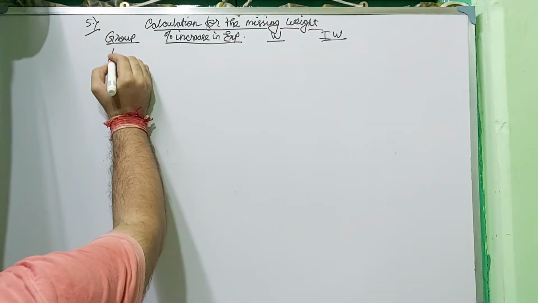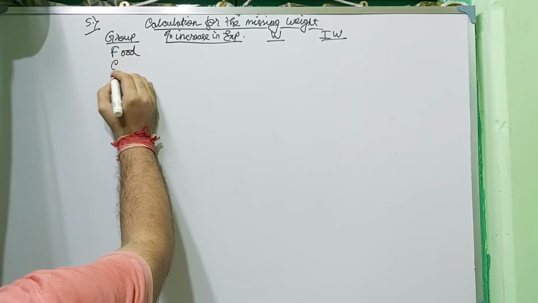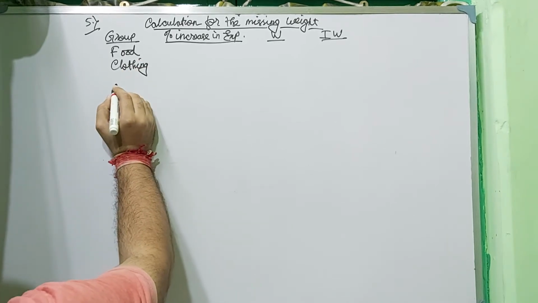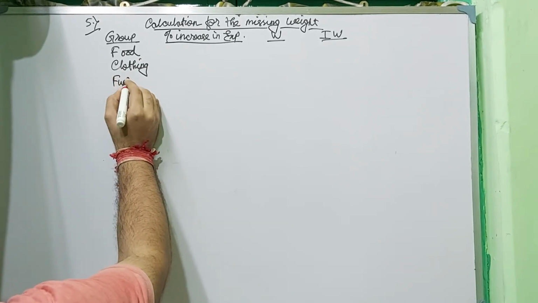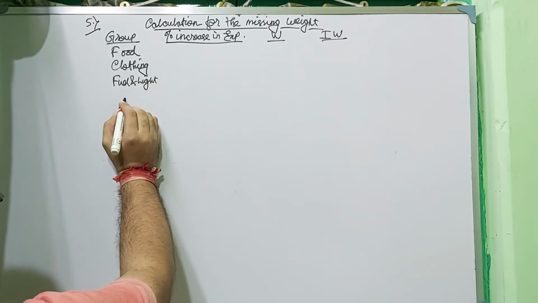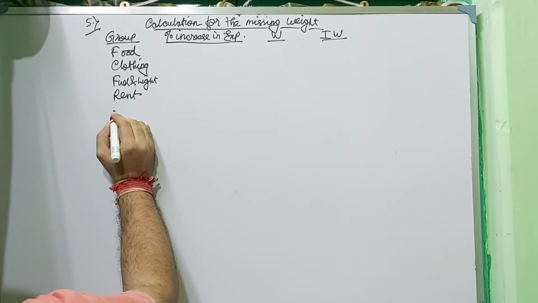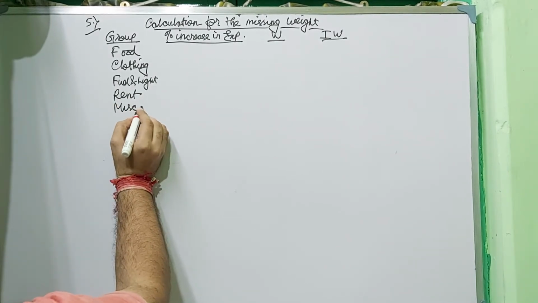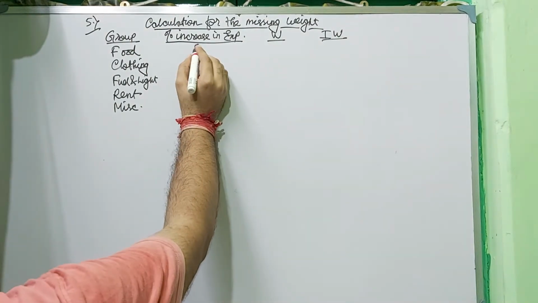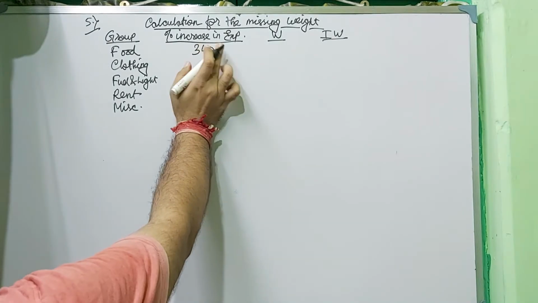So food, clothing, fuel and light, rent and miscellaneous.